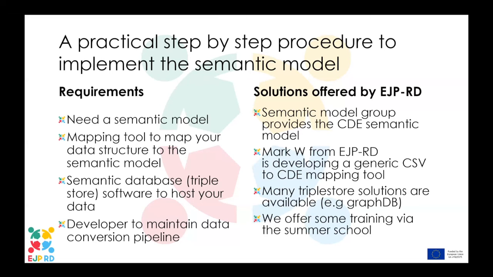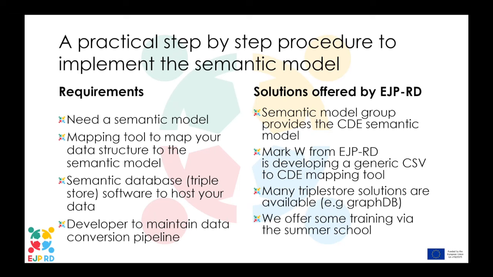From the EJP-RD side, Mark Wilkinson is developing a generic tool which takes a CSV file and converts that into a CDE semantic model. Right now it's focusing on CSV files, but we can also do it for other standards like XML, JSON. If there is a standard representation, we can adapt that in this tool.